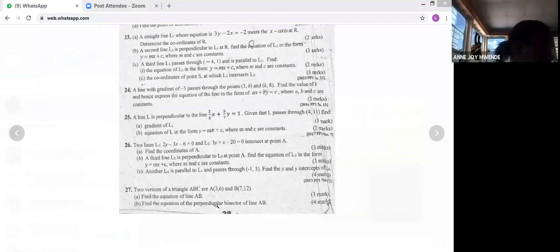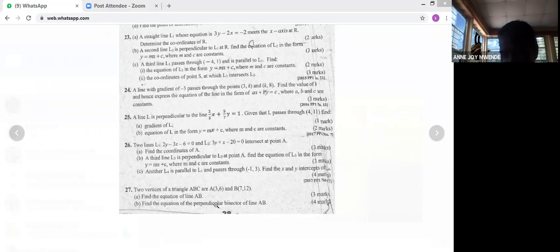You have the line that is cutting the x-axis. Line 4 is parallel to line 1 and it passes through -1, 3. So for line 1, what is the gradient of line 1? Unmute yourself.